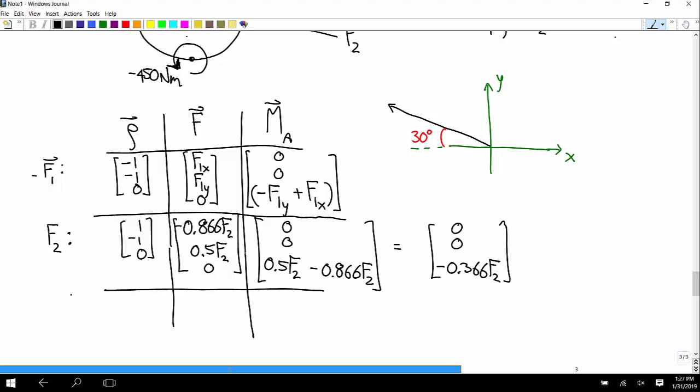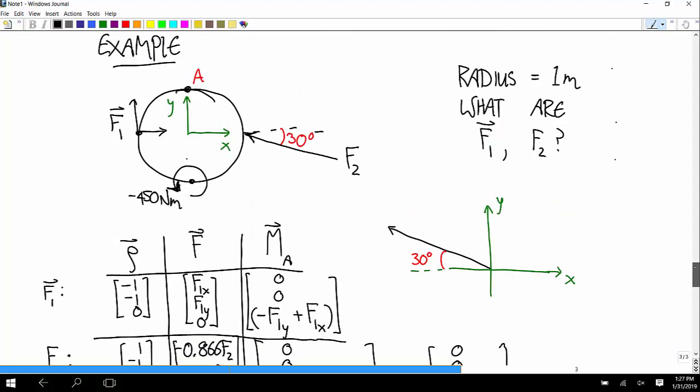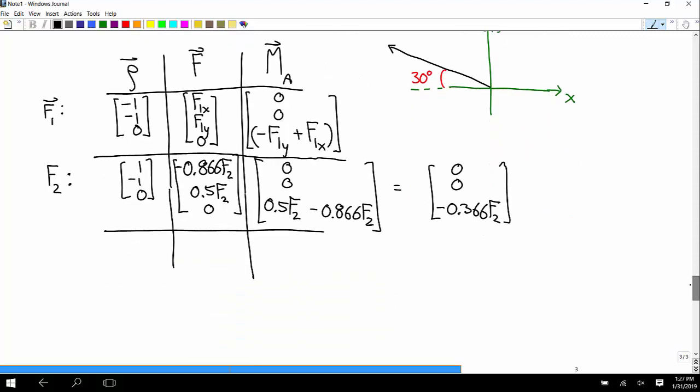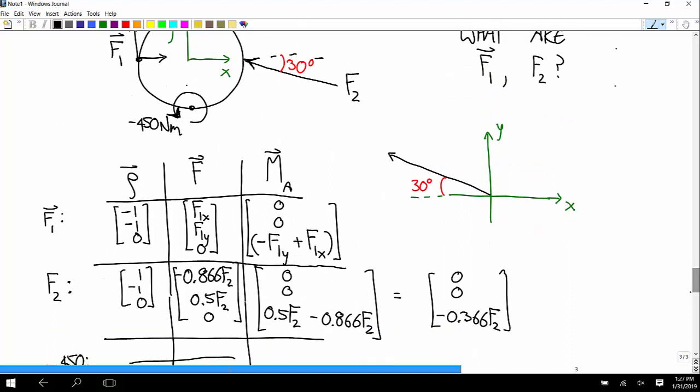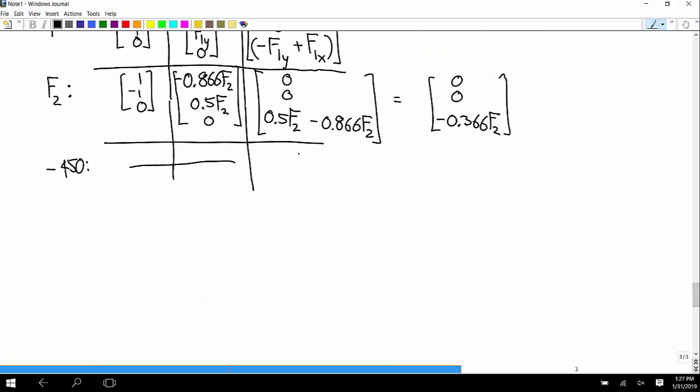And the last thing we have to deal with is the couple. So I'll write that as the negative 450. For a couple, we don't care about either of these things. We only care what the moment it produces is. We know that it's in the z direction with a component of negative 450. So 0, 0, negative 450.